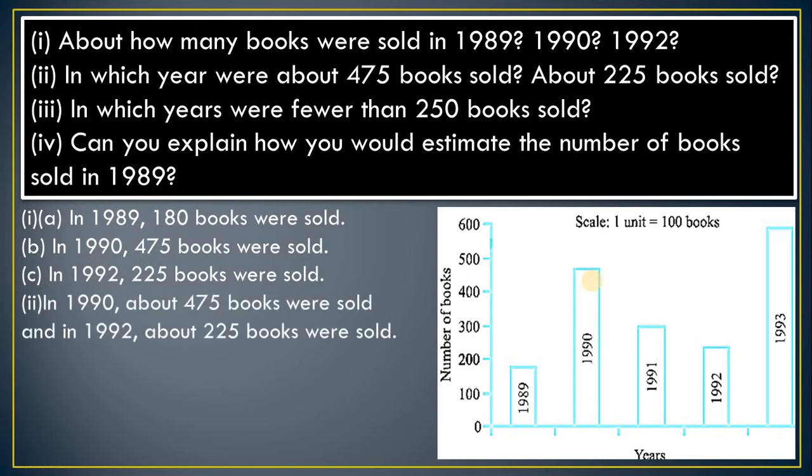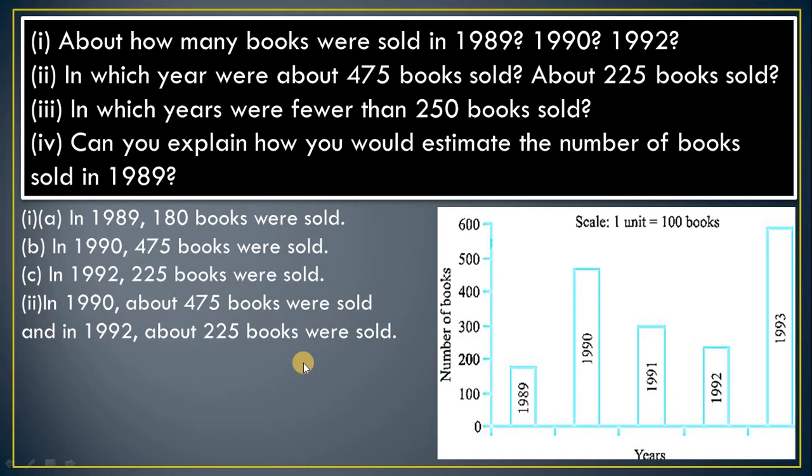Here the second question is: in which year were about 475 books sold and about 225 books sold? So 475 means 1990, clearly shown, and about 225 means more than 200, so clearly 1992, just above 200.